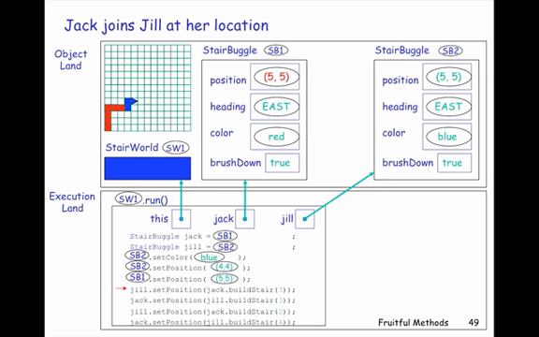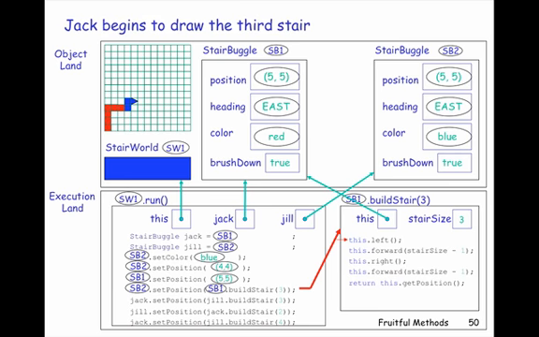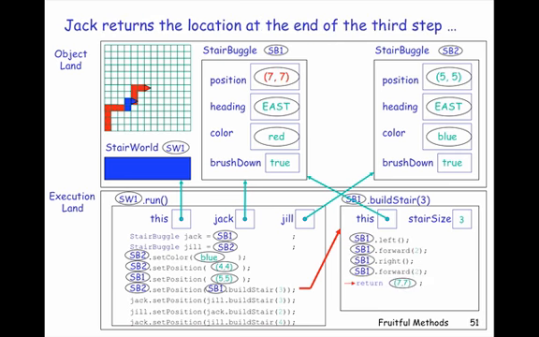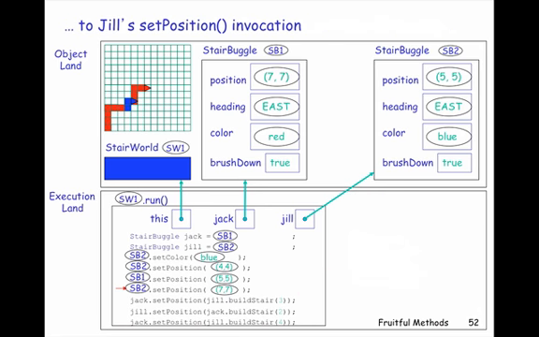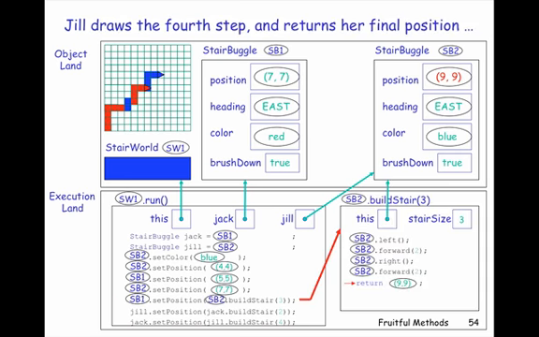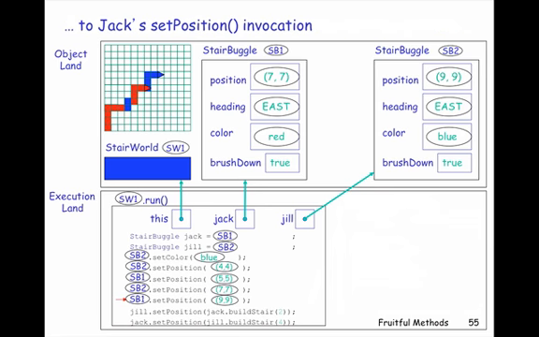So this keeps on going back and forth. We now have Jack build a stair of size 3, which invokes a frame. We have Jill set her position to that spot. We now have Jack set his position to Jill's after she builds a stair of size 3, building a new frame. That means that Jill will go to 9, 9, and Jack will set his position to 9, 9.